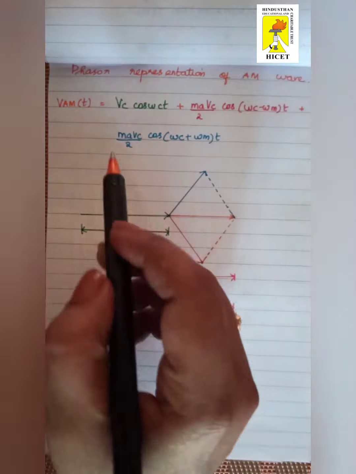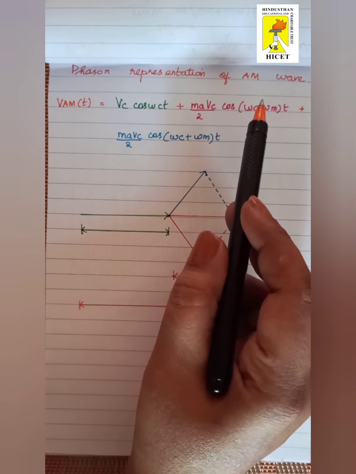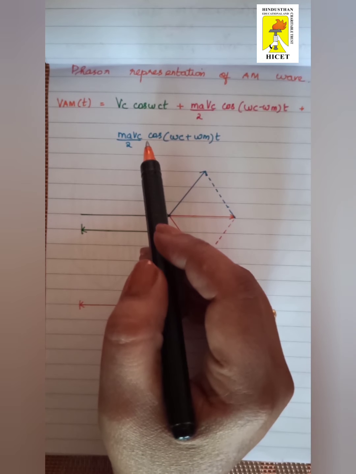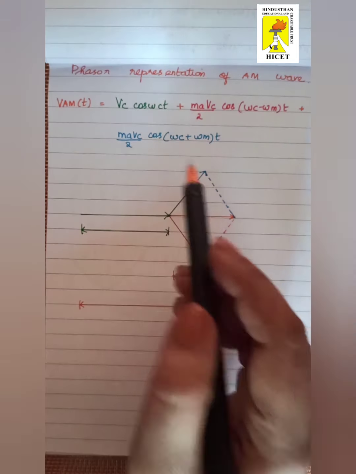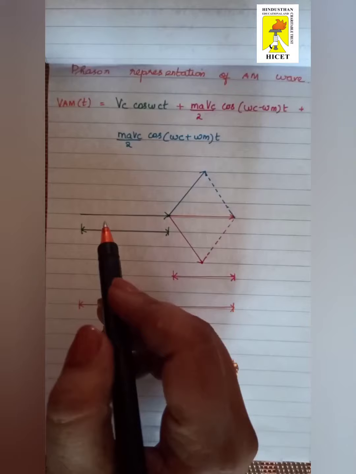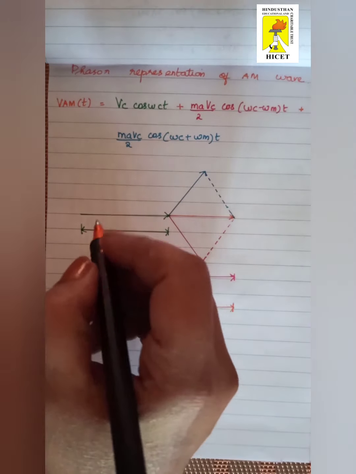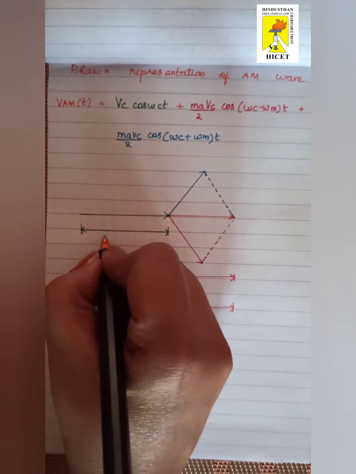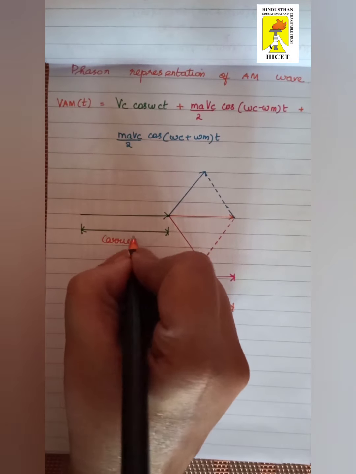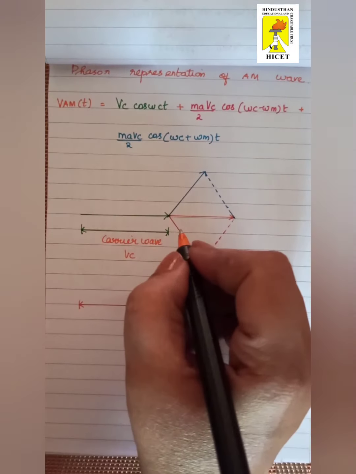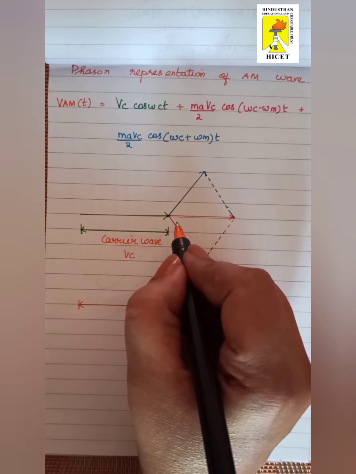Next, let us see the phasor representation of the amplitude modulated wave. The amplitude variation in an amplitude modulated wave can be explained with the help of a phasor diagram. Here the carrier wave amplitude is Vc, and it is taken as the reference phasor.